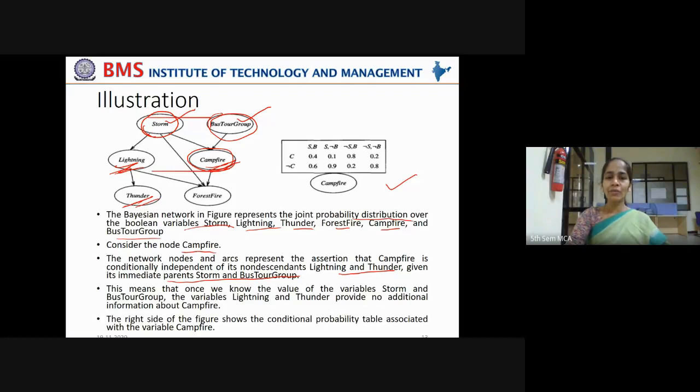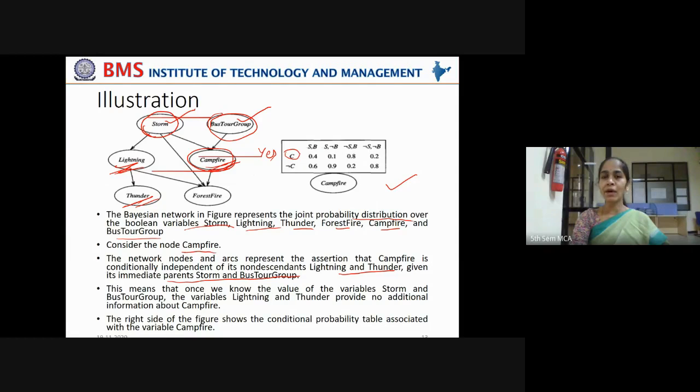Now the right side of the figure shows the conditional probability table associated with the variable campfire. Now listen, how to understand this table. Setting up a campfire, if it is yes, how can it be calculated? It is dependent on storm and the Bus tour group occurring together. Now I'll read it the other way.